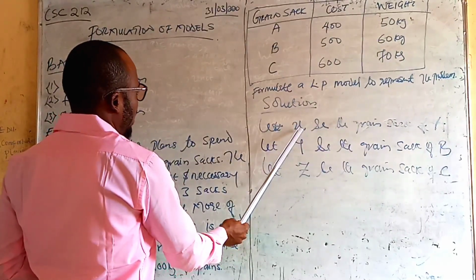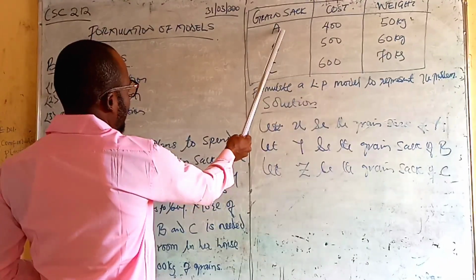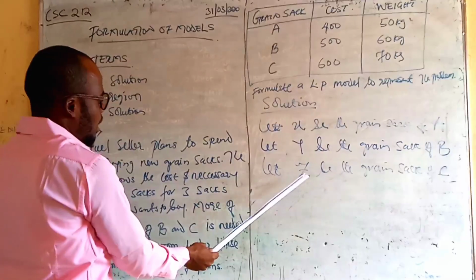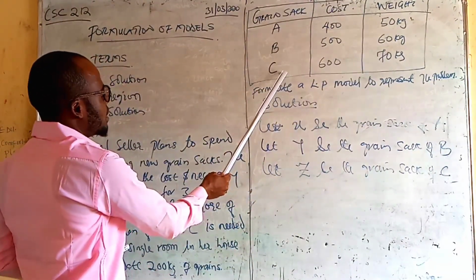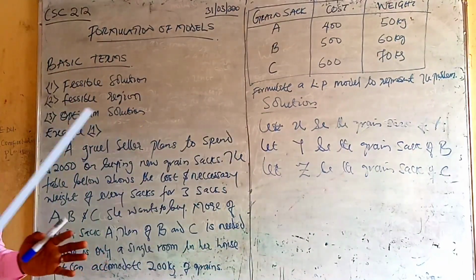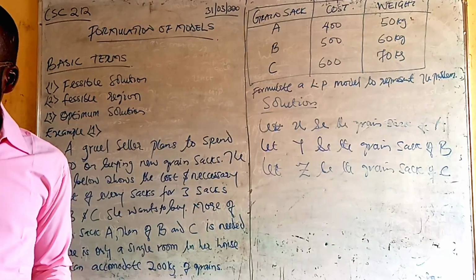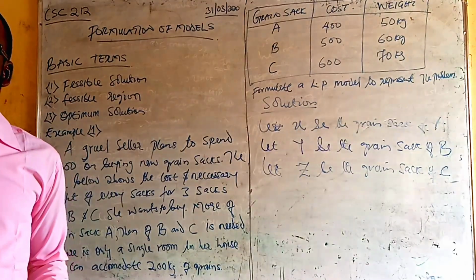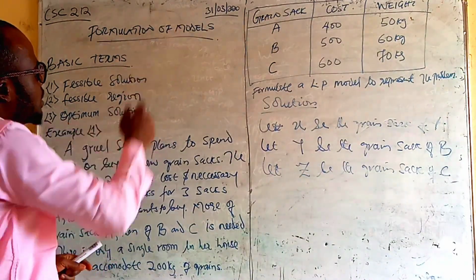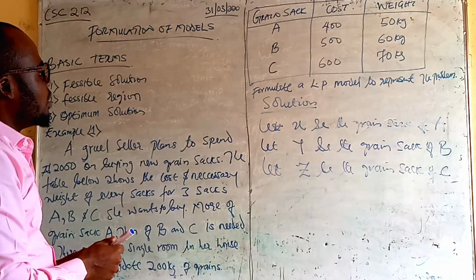You see, we let X be the grain sacks of A, let Y be the grain sacks of B, and let Z be the grain sacks of C. Then we are going to put them into the problem as stated in the table.